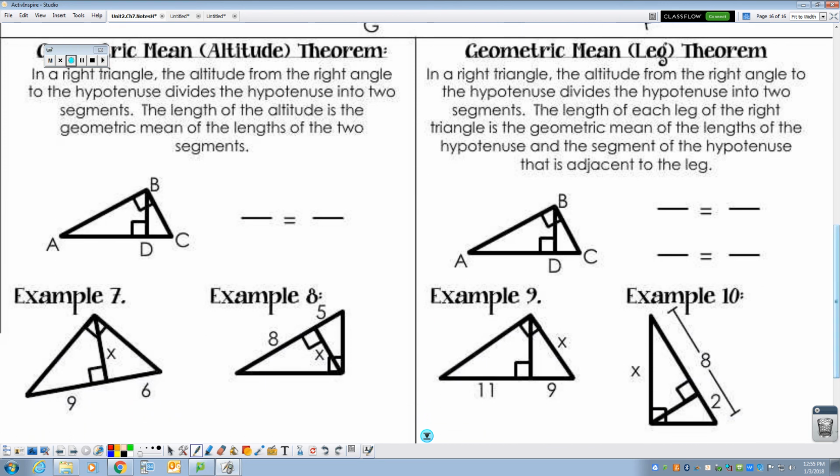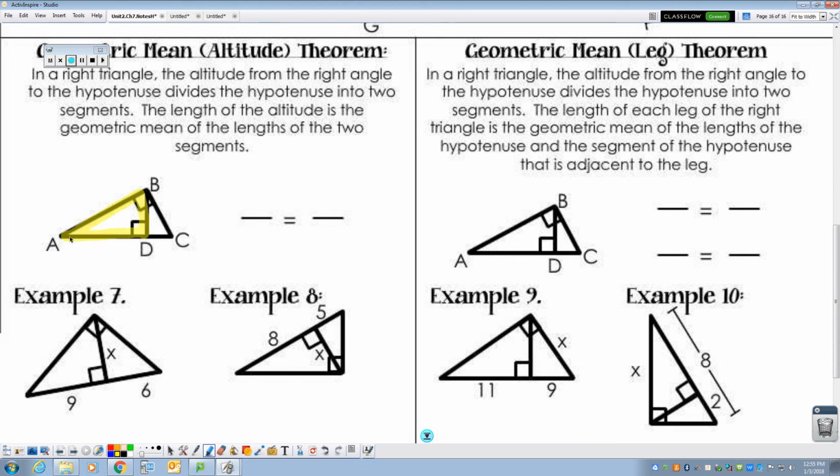Okay, the next two things, you don't really need to worry so much about the words, but we're just going to use triangles again to keep going with the same thing. It does say in a right triangle, the altitude from the right angle divides the hypotenuse into two segments. The length of the altitude is the geometric mean of the lengths of the two segments. Blah, blah, blah, words.